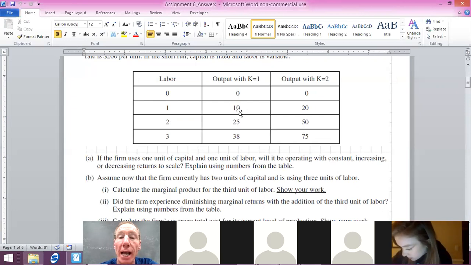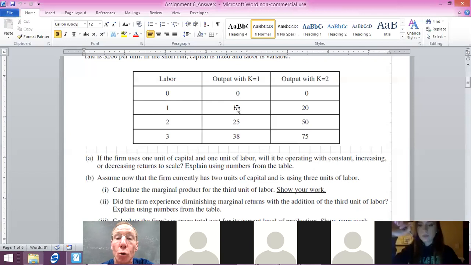Well, the output now is 50, isn't it? If they're operating at constant returns to scale, that means when they double their labor and their capital, which are factor inputs, the output should double, but it's not.